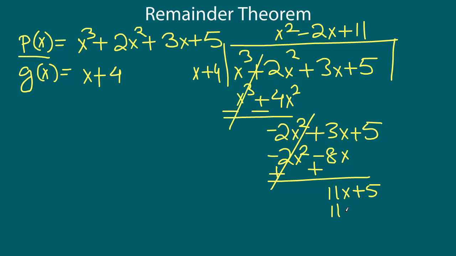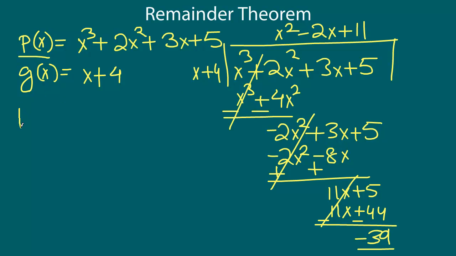So we get 11x. And we get 44, plus 44. Okay. We subtract, so they cancel out. So 44 minus 44 plus 5. So I think that'll be minus 39, I guess, right? So minus 44 plus 5, I think it is minus 39.